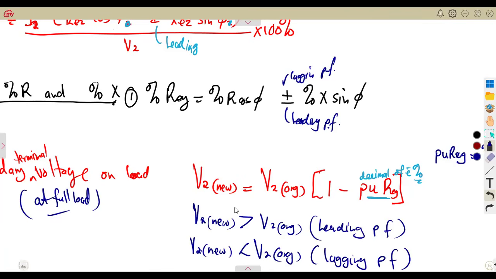You must be very, very careful about that, because somehow they will give us information where we are just given V2 new and they want you to relate it from that one. These guys know that we are now used to this. That is why, with the introduction of the new syllabus, they know you are used to these formulas. They want to interchange here and there.